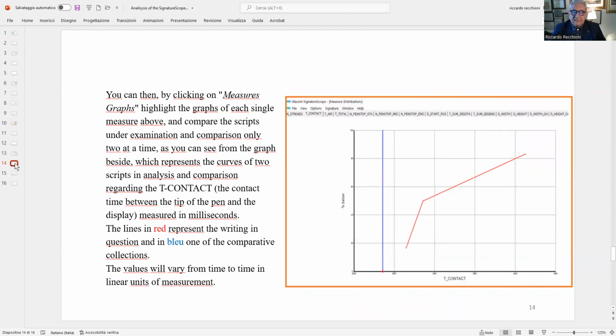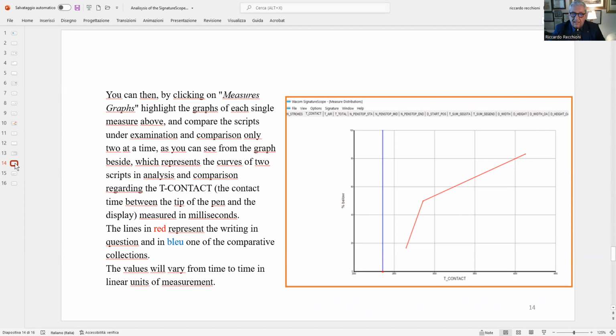You can then, by clicking on Measures, Graphs, highlight the graphs of each single measure above and compare the scripts under examination and comparison one at a time, as you can see from the graph beside, which represents the curves of 2 scripts in analysis and comparison regarding the T contact.